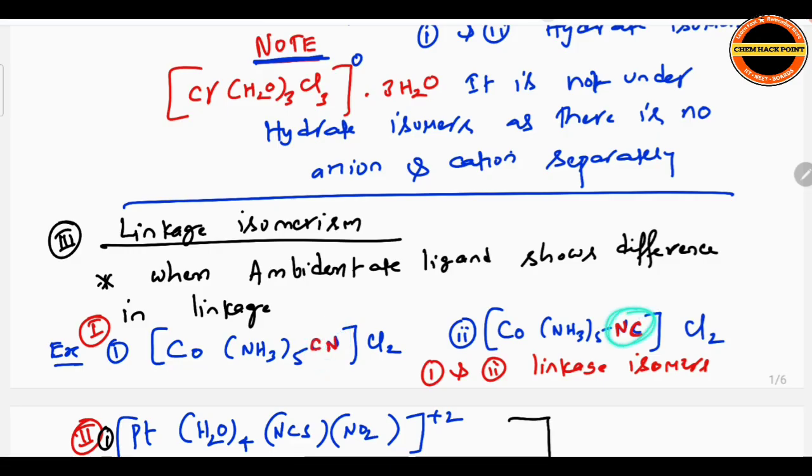Here there is isocyanide, where the donor atom is nitrogen. The same ambidentate ligand forms a bond through carbon in one compound and through nitrogen in the other. Such compounds, where the ligand links through different atoms, are referred to as linkage isomers or linkage isomerism. 1 and 2 are linkage isomers.